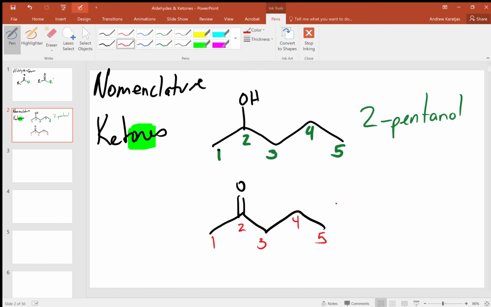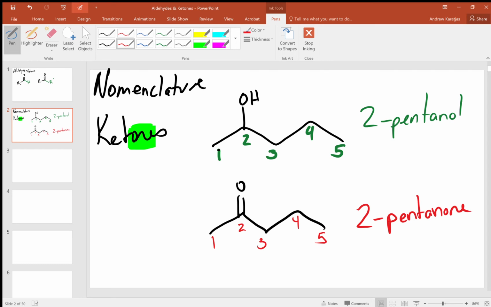So this 5-carbon molecule with a ketone on the second carbon, instead of 2-pentanol, is 2-pentanone.